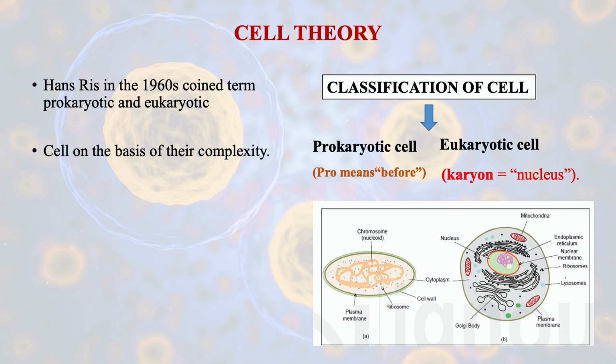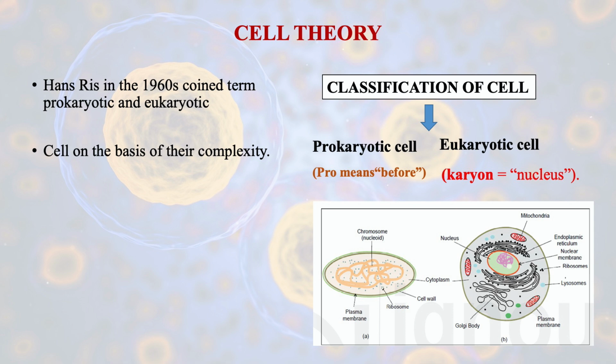The chromosome is a single circular DNA found in the bacterial cytoplasm, and the plasma membrane is also covered with another outer covering layer which is called the cell wall. So here you can see the structure of the prokaryotic cell.